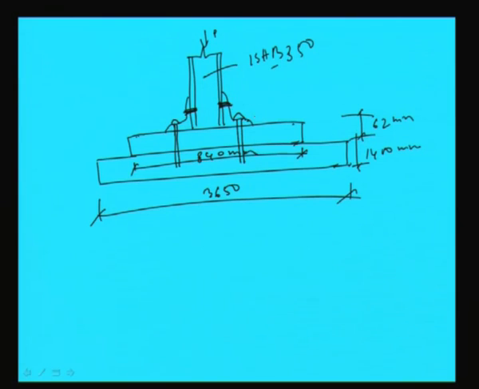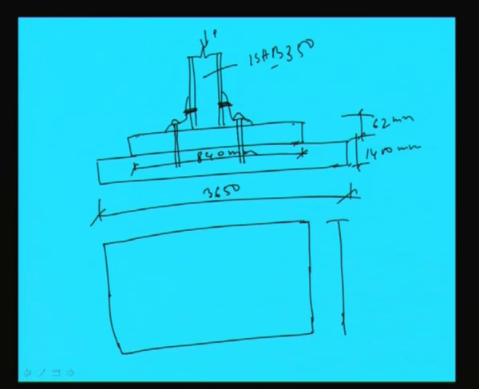Right. So in this way we can make it, and if we see in the plan, we will see it is not looking square, though it is square actually, means this is also 3650, right.